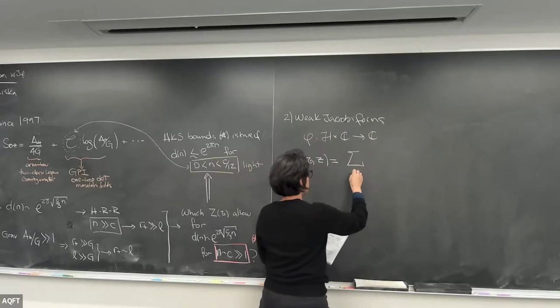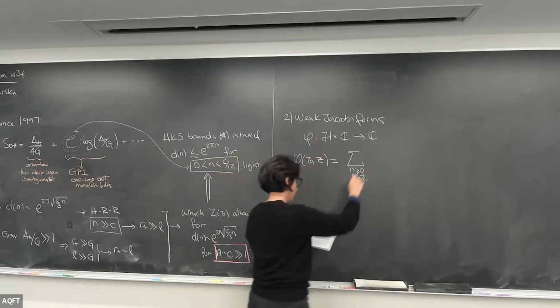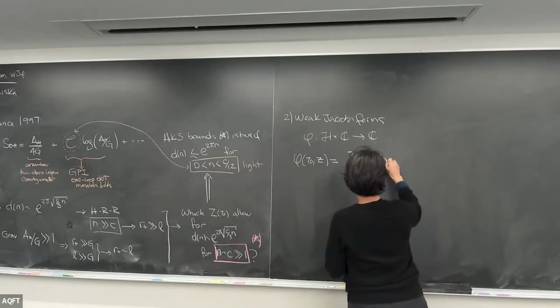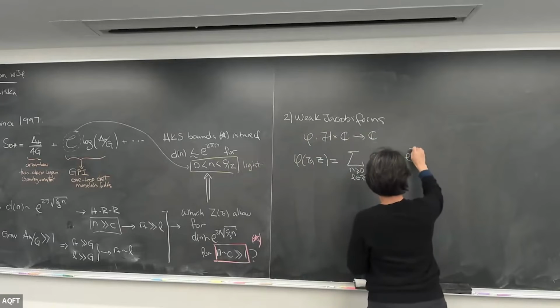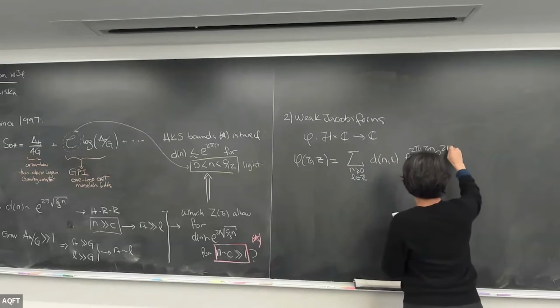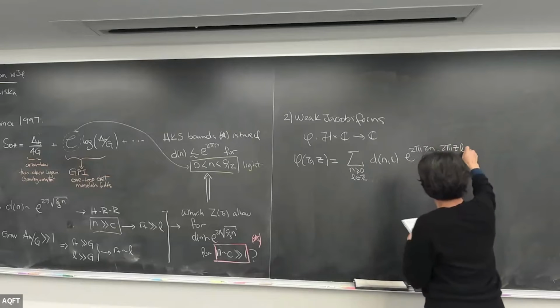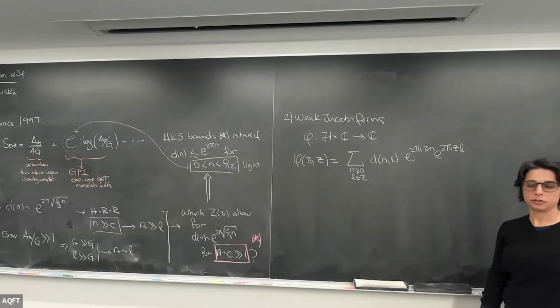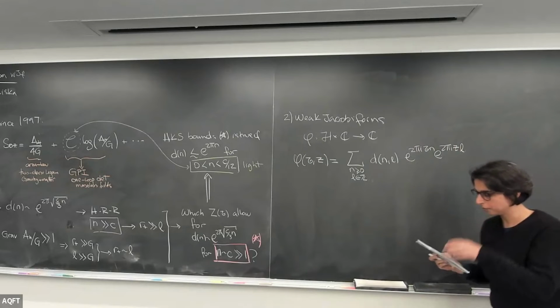What makes these objects weak is that one of the integers is going to be restricted to be positive. The other one is over all the integers. So this is how I'm going to think of them in terms of a generating function.